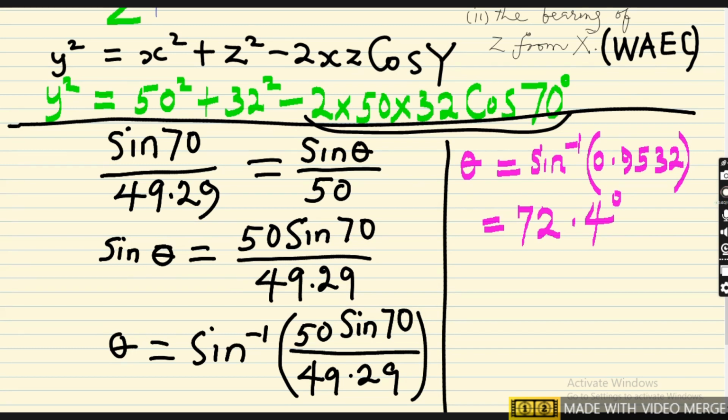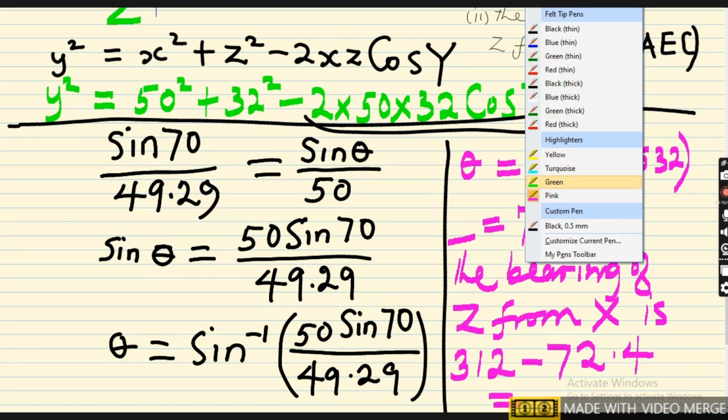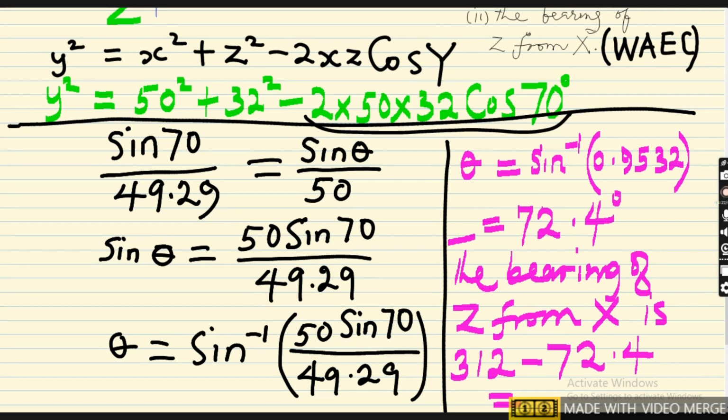And so by so doing, you can simply say that the bearing required, the bearing of Z from X, is 312, like we said before, 312 minus 72.4, and that basically is going to give us, let me write it in red here so we can see very well, 239.6.